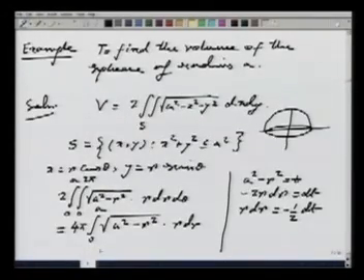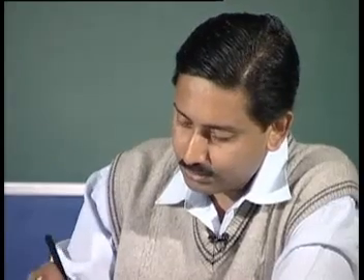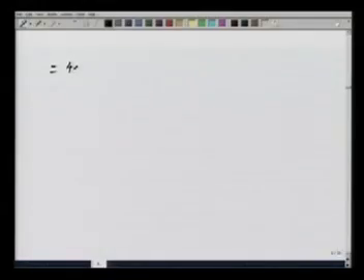So finally what I get is that this is 4 pi times the integral from a square to 0 of root t times minus half dt. So what I get here is 4 pi divided by 2, integral 0 to a square, root of t dt.